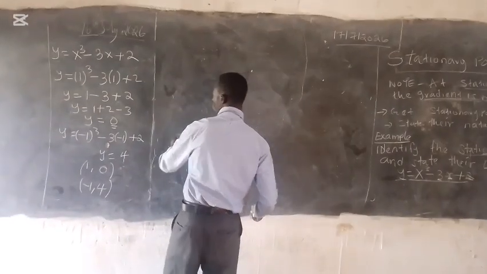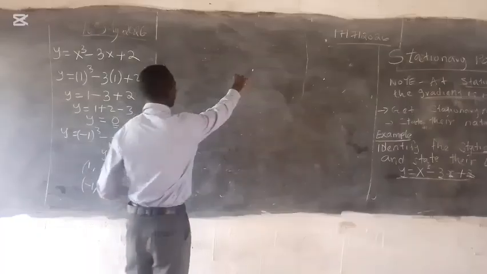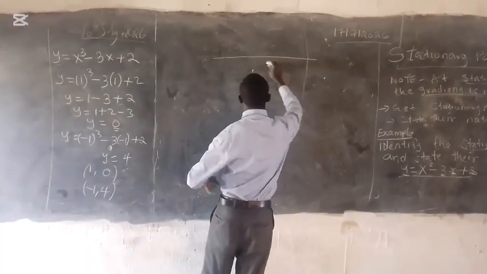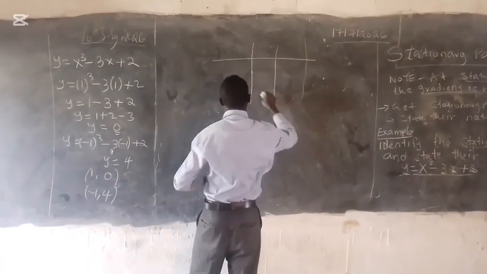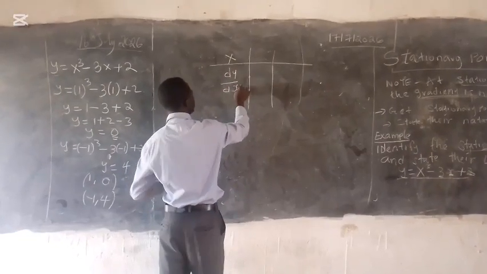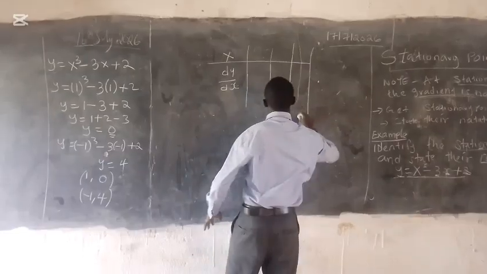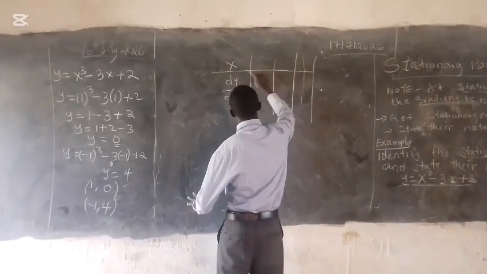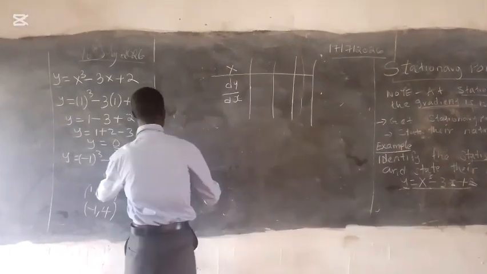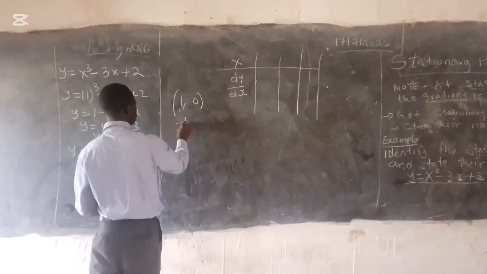Now, to identify the nature of these 2 points, we draw a table like this. Here we have the value of x, here we have the value of the derivative. Here we use the 2 stationary points, 1, 0, then negative 1, 4.